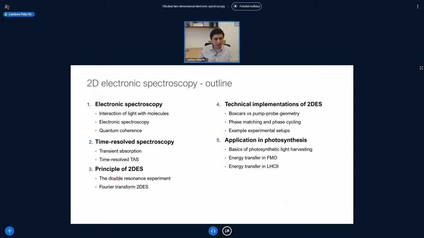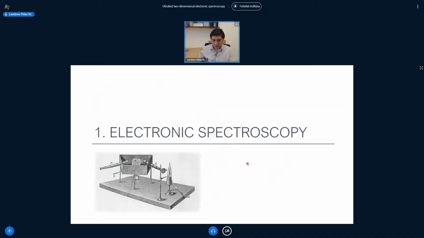Then add another frequency dimension to make two-dimensional spectroscopy. Then we will see how this can be done in practice. And if time allows, maybe one or two examples I would show you of measuring energy transfer in photosynthesis with this technique. So let's start with the electronic spectroscopy.